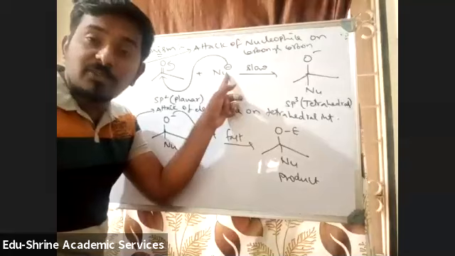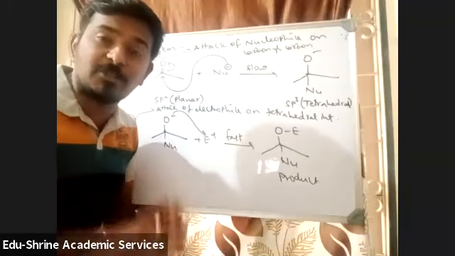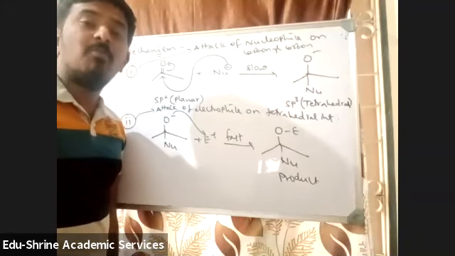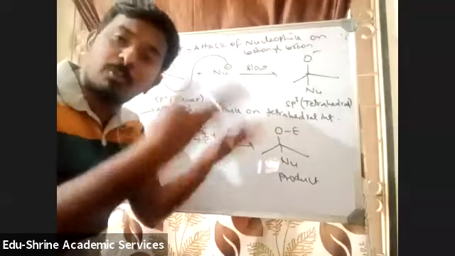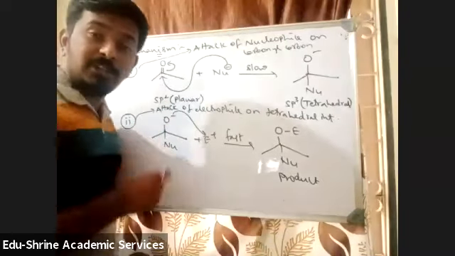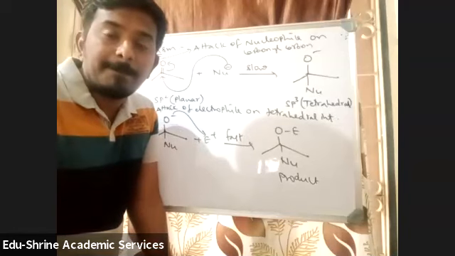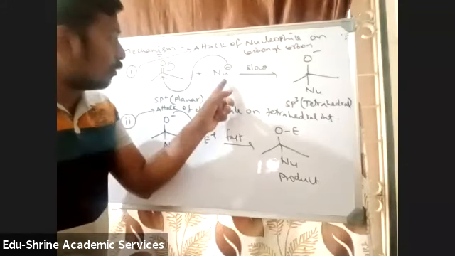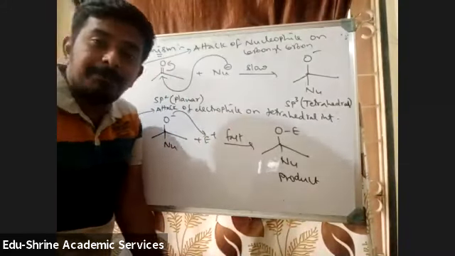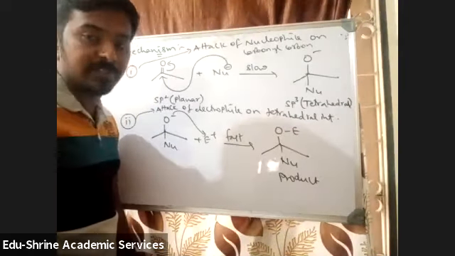A negative charge will attack where there is more positive charge. More positive charge means more electrophilicity. So the nucleophile will attack the carbon atom where there is more electrophilicity.